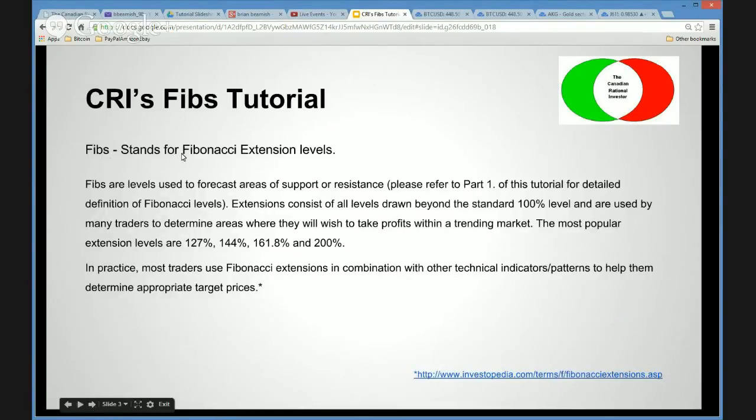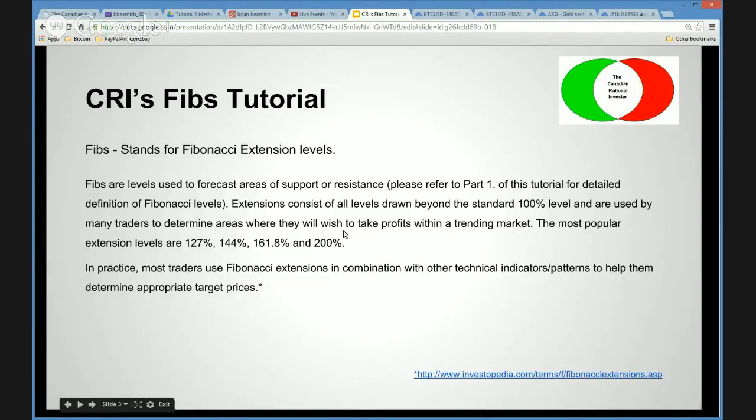Fibs in this case stands for Fibonacci extension levels. Fibs are levels used to forecast areas of support and resistance. And again, please refer to part 1 of this tutorial for a detailed definition of fib levels. Extensions consist of all levels drawn beyond the standard 100% level and are used by many traders to determine areas where they will wish to take profits within a trending market.